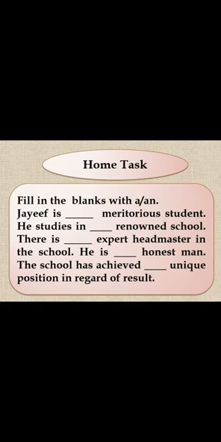There is an expert headmaster. Why? Because E is a vowel, and the vowel is not pronounced like u or wa. That's why here will be n. He is an honest man. In case of H, if the H is silent, there will be n. He is an honest man.